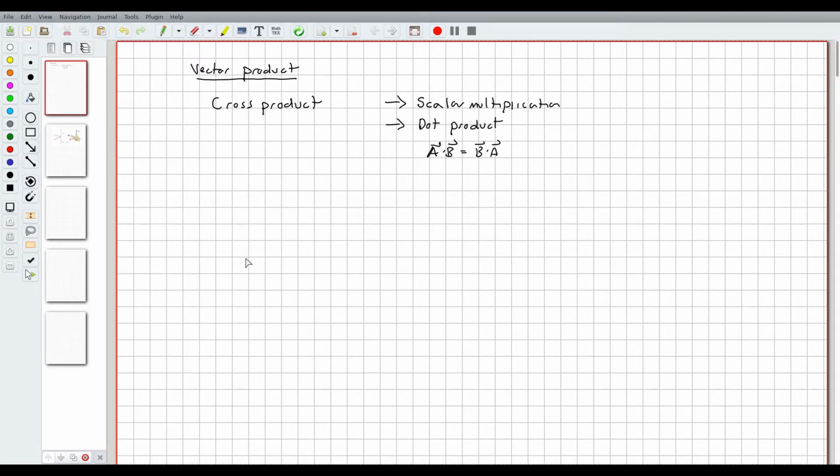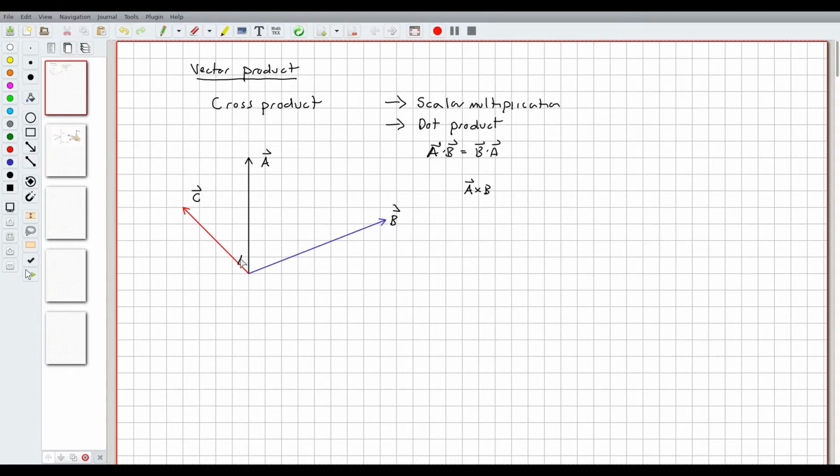I want you to imagine two vectors, we'll call them vectors A and B. The act of taking the cross product, A cross B, gives you a third vector, which we'll call C. And that vector has the following properties.